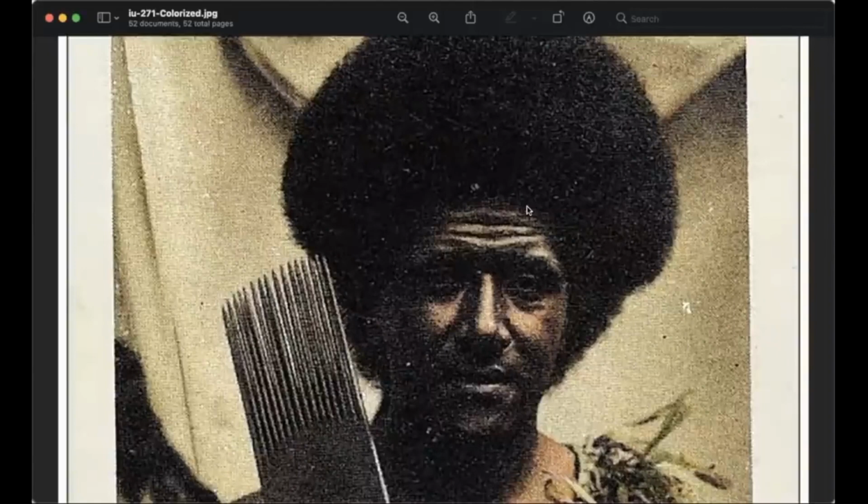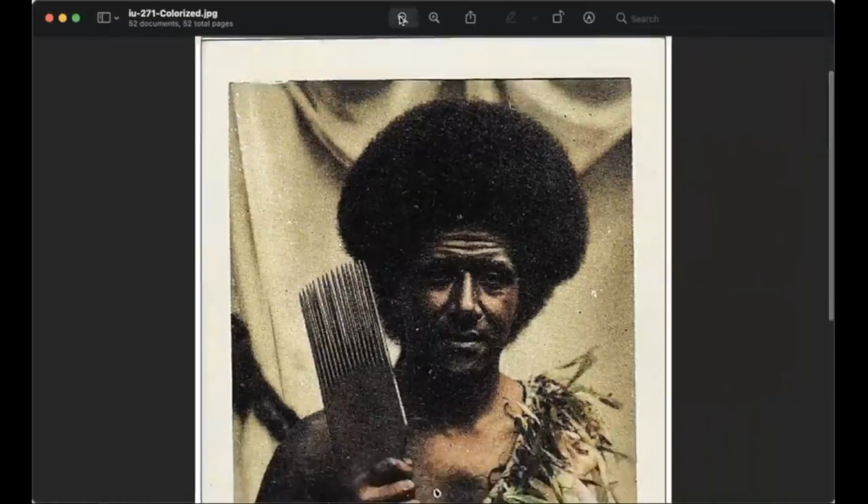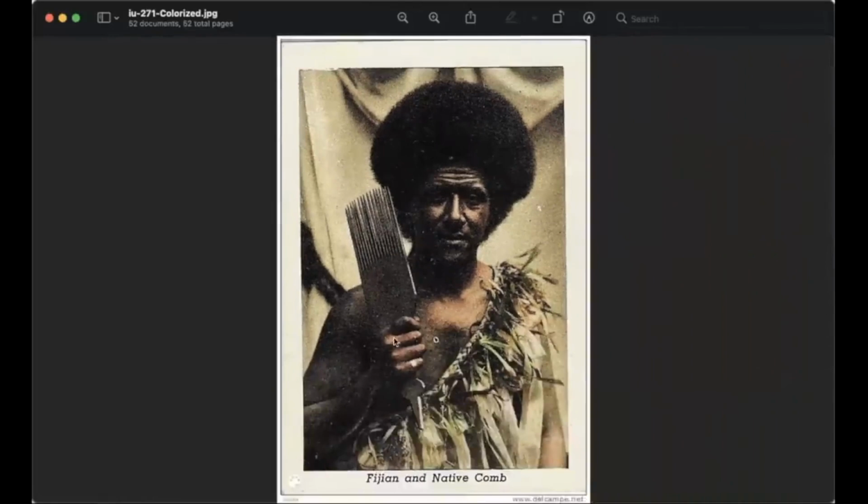So again, we had two middle passages, all right? One was mainly coming from Europe, and the other one was mainly coming from Southeast Asia, not from Africa, guys. You guys got to break that spell. You got to do the research. This is real history. All right, you can actually trace the ships and everything these people came on, just like the Black Europeans and the white Europeans that came as indentured servants.